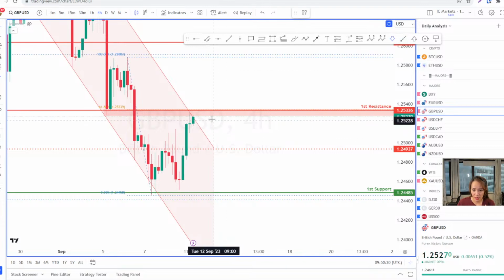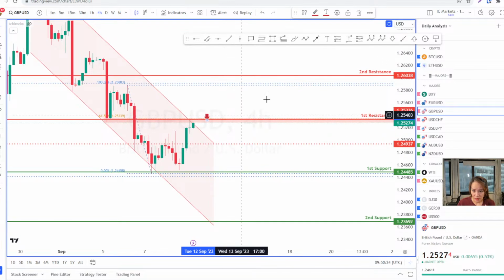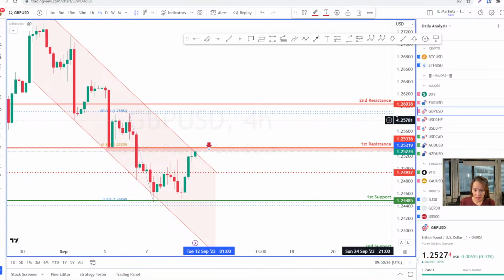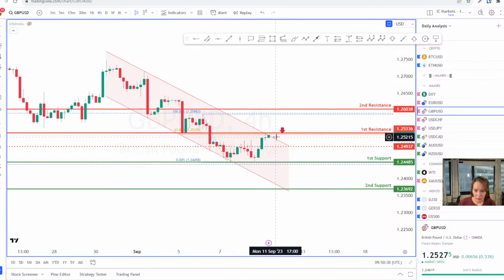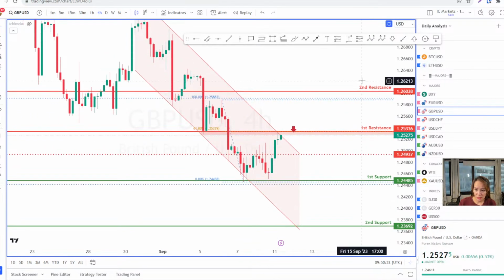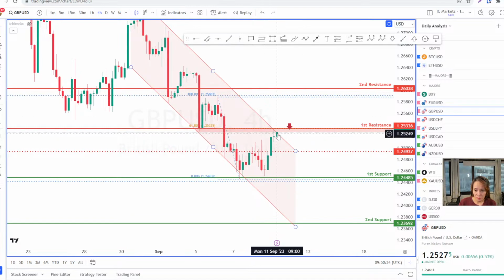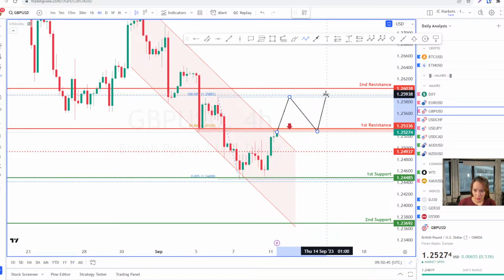What you can see is price came and got rejected already in my sales zone, and price is testing the upper channel line. Let's see whether price will revert from here, or break above the first resistance to the second, then come down and change momentum.